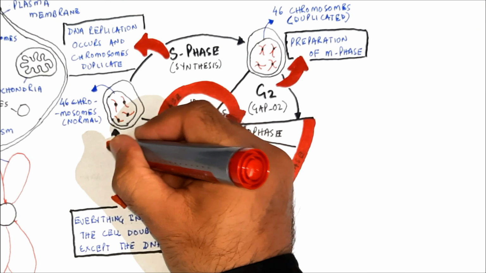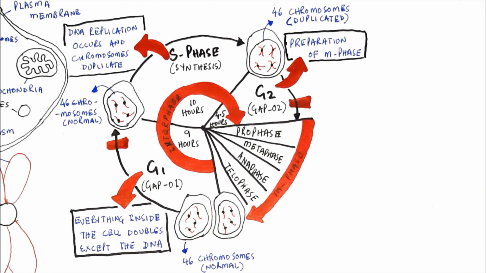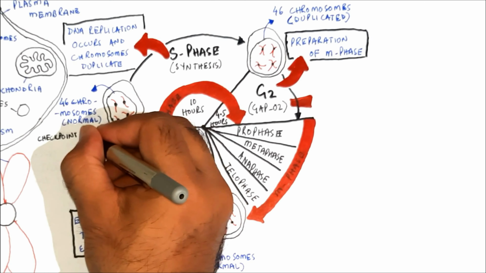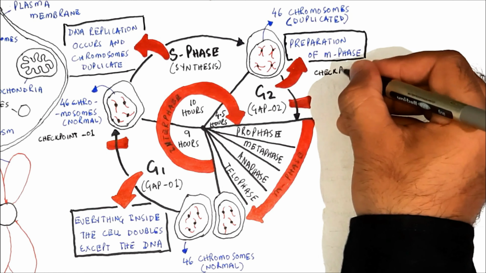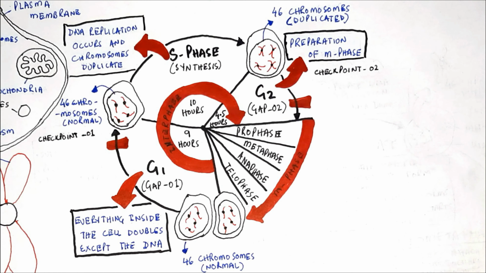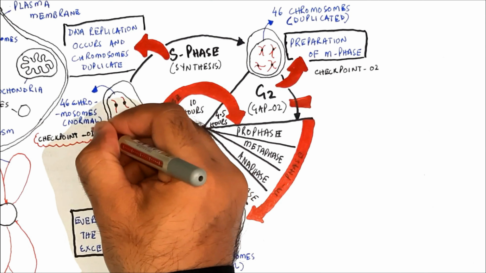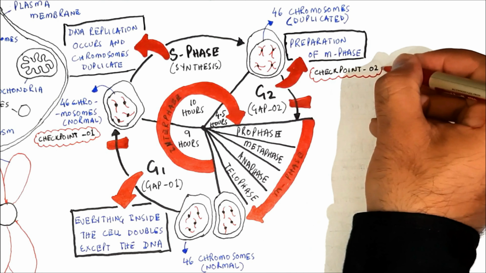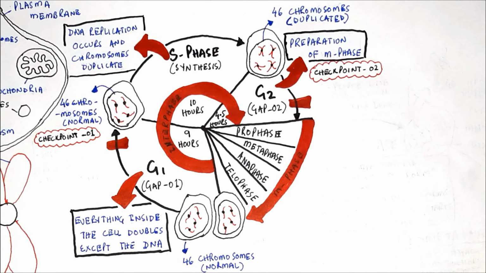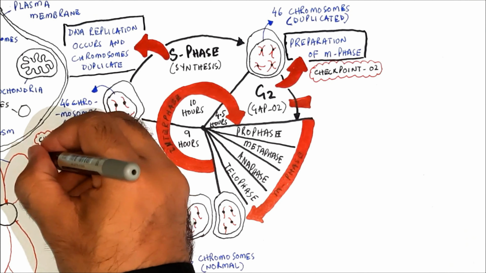Let's look at one more thing. This cell cycle has two checkpoints: checkpoint 1 and checkpoint 2. These two checkpoints are there to ensure that everything during the cell division, this complex cell cycle, is going okay.